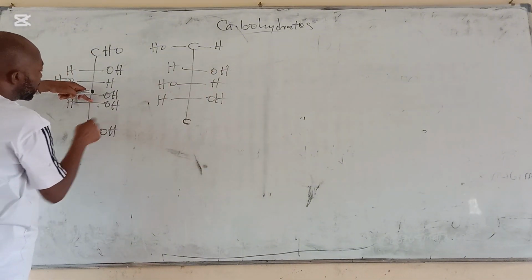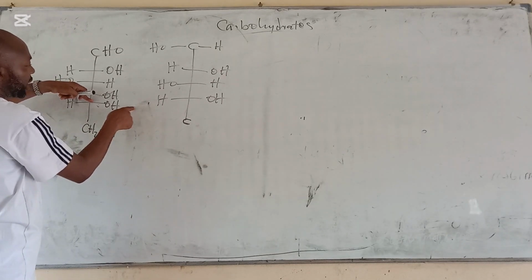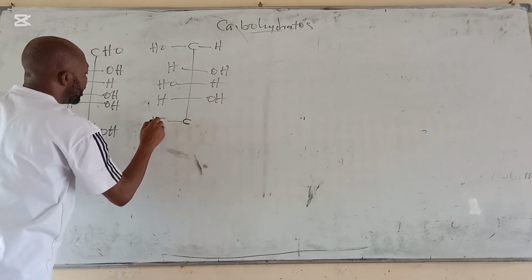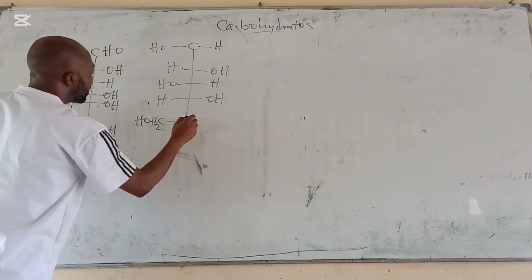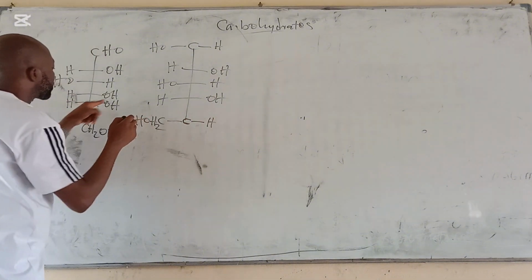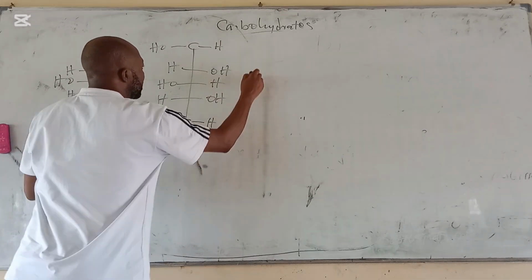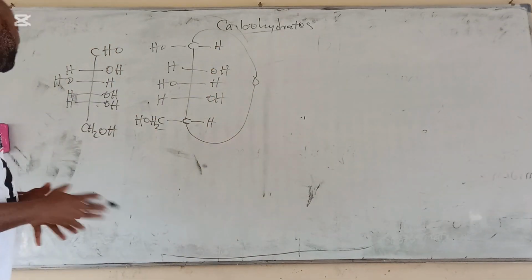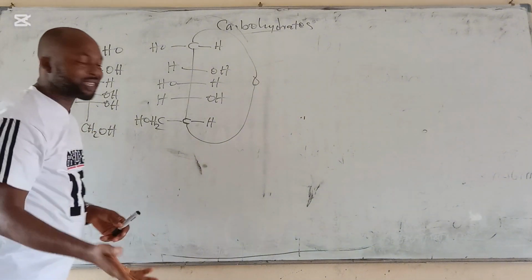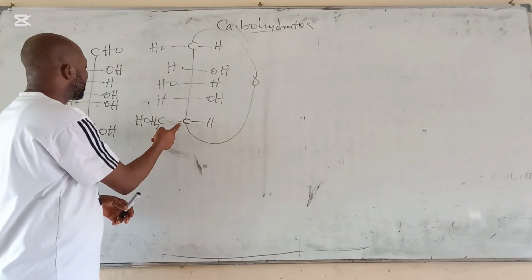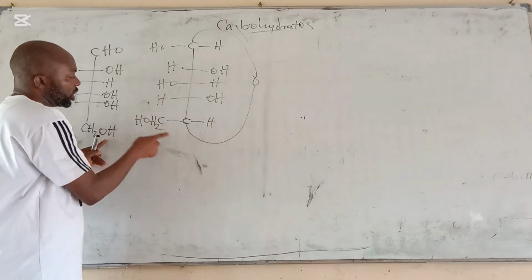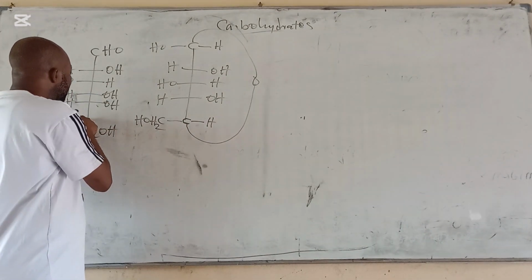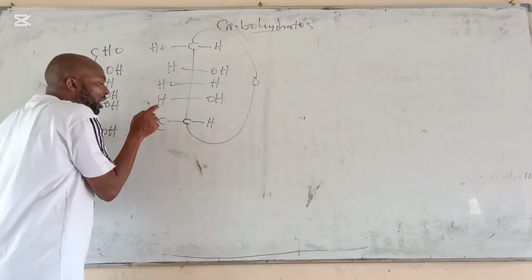Then I'll take this one, either here or here, and bring hydrogen here. So in that sense, this is my CH2OH, and this is hydrogen. Then this one that will go will come this way. This is how it is now. I'm trying to move gradually so we understand. Now, you may want to ask me, why am I not writing it like here, CH2OH. If I'm writing it this other way, remember, this bond is bonded to carbon.